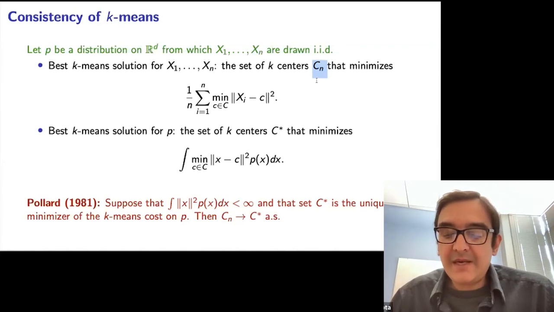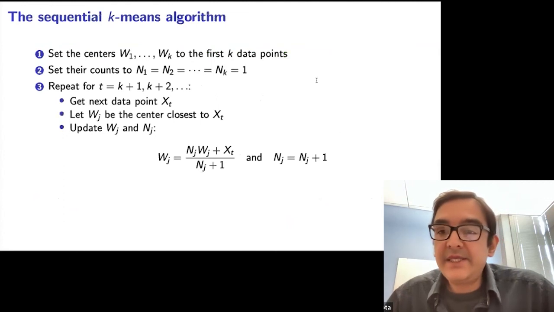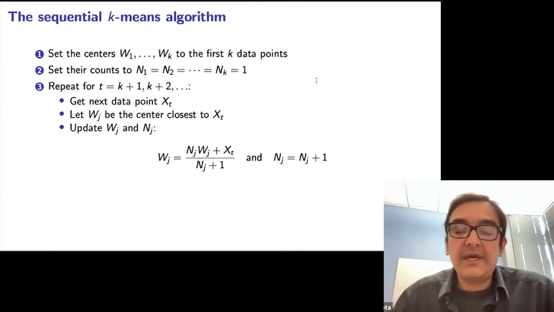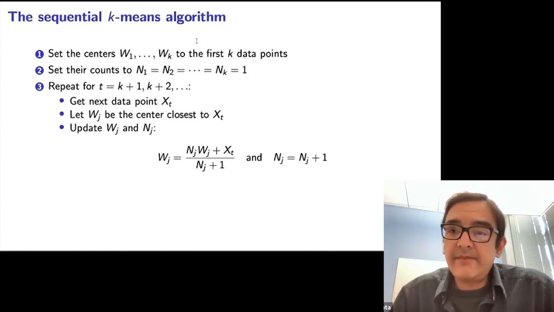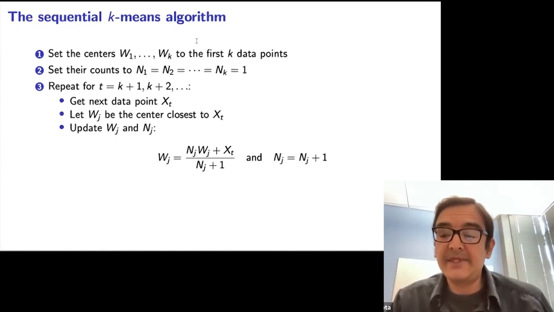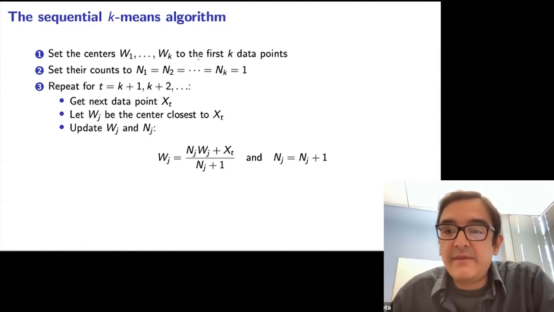So one k-means algorithm that I am very intrigued by is the sequential k-means algorithm. And this is something that has been proposed many times in the neuroscience literature, in fact, many variants of it. It's a nice online k-means algorithm, and it's very simple.